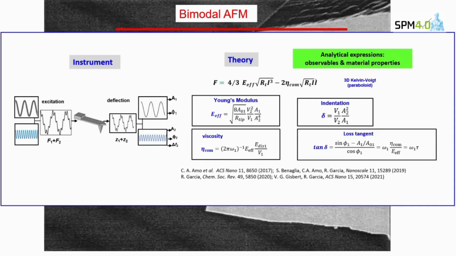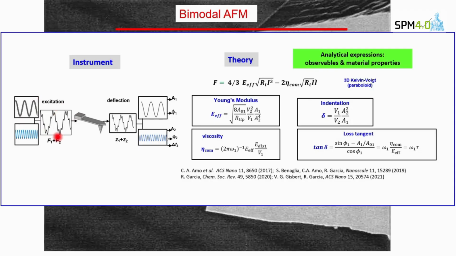Okay, so this is the concept in bimodal AFM: we have the cantilever and we excite it with two frequencies. The first resonance, the fundamental resonance, the resonance that we usually talk about when we talk about cantilevers, and the second resonance.